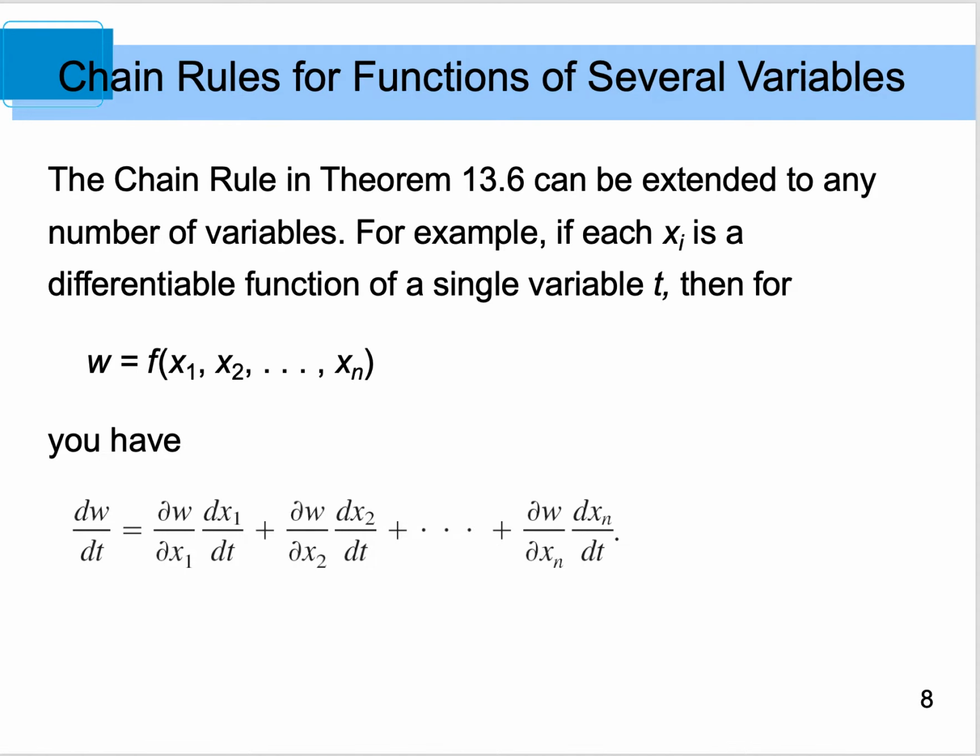The proof is great, but we also want to make sure we can deal with it. So the chain rule for this theorem can be extended for any number of variables. If I'm doing any number of variables, I would take the derivative of x with y held constant, take the derivative of y with x held constant, or if I have 3 variables, say I take the derivative of x where y and z are both constant.